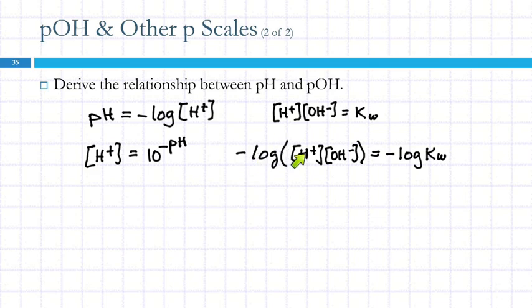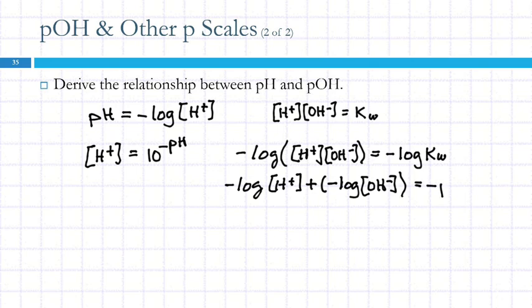If we take a logarithm of things that are multiplied, we can add the logarithms of each of them. And so negative log of hydrogen ion concentration plus negative log of hydroxide ion concentration equals negative log of Kw.